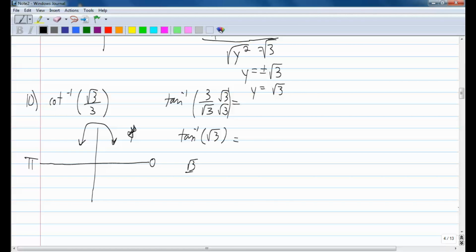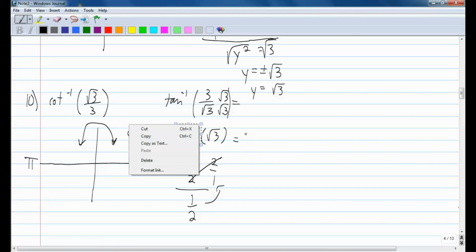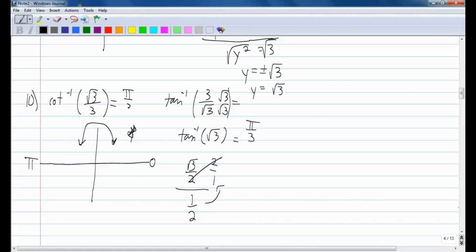If you flip and multiply, you got square root of 3. So what that means is the inverse tangent of square root of 3 is pi over 3. So if the inverse tangent of square root of 3 is pi over 3, and that's in the first quadrant, then the inverse cotangent of square root of 3 over 3 is also pi over 3.